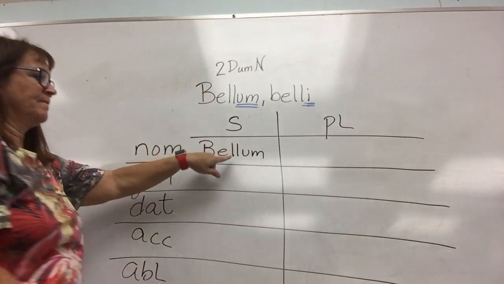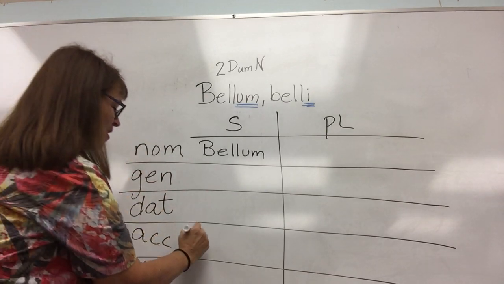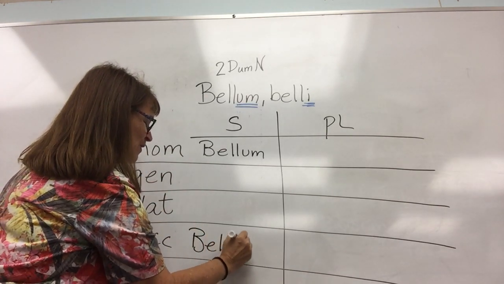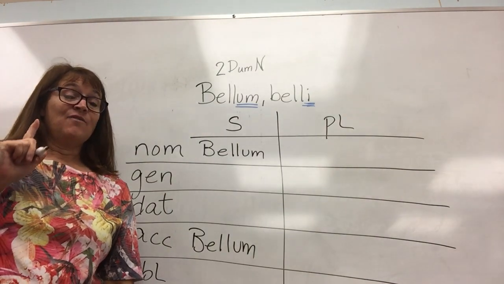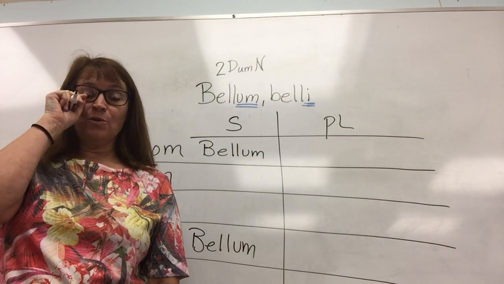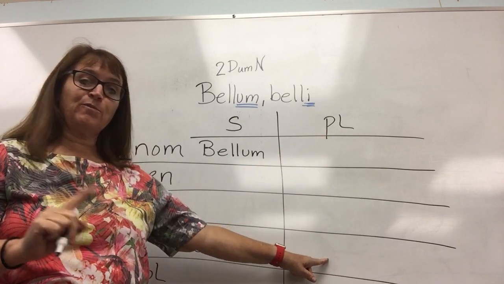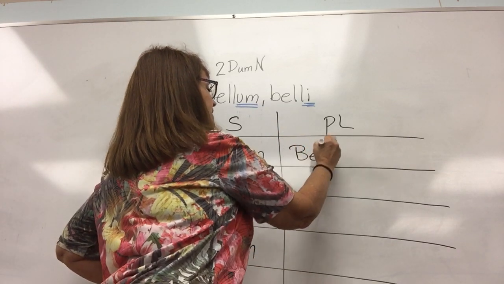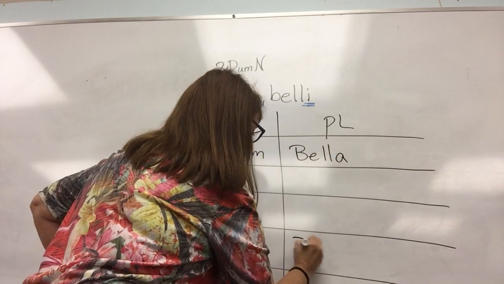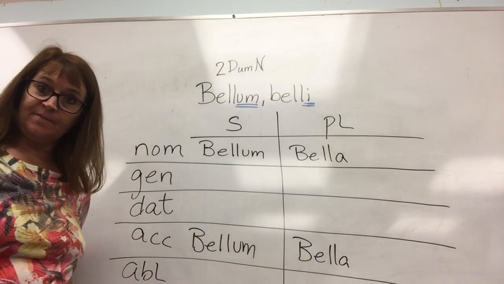Okay, bellum. Okay? Now, because it's a neuter noun, we know that one also goes in the accusative place, okay? And if we learned our other neuter rule, we know that the nominative and accusative plural always end in A. So we know this one is bella and bella, wars, okay?